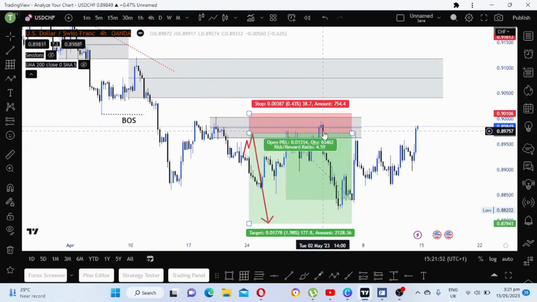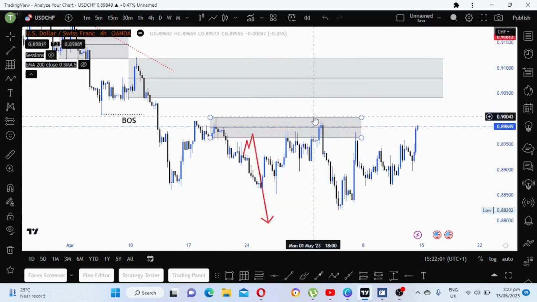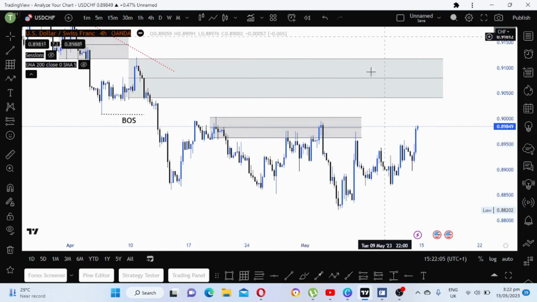So we had a buy, we had a sell here the other day. We had a nice sell there. So for now, we have this shift, which is internal structure that shifted to bullish.